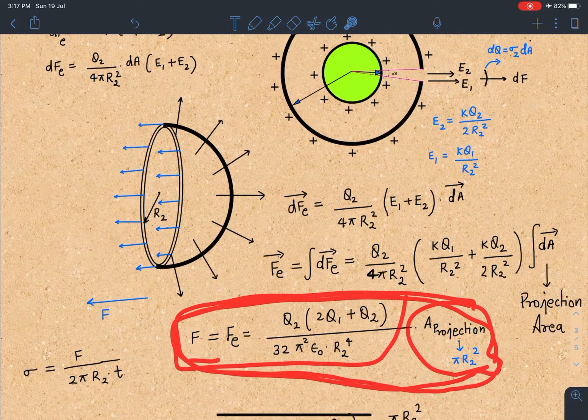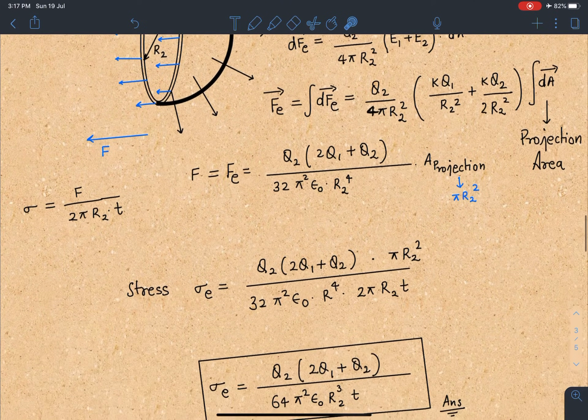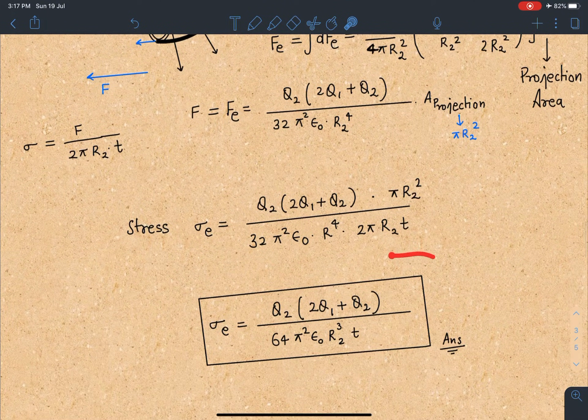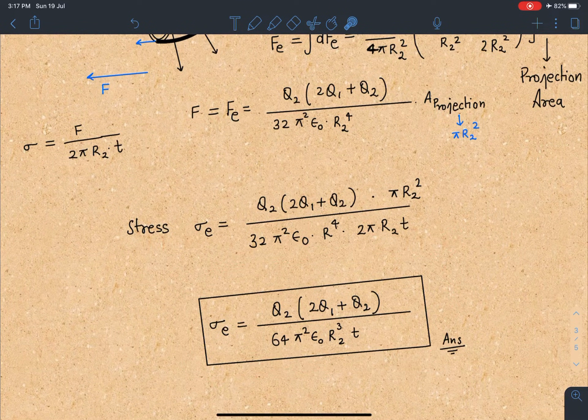The stress developed is going to be this force divided by the area of the cross section of the hemisphere, which is 2 pi r2 t. If I substitute these values, I am going to get this as the answer, which is a pretty clean answer, and the method also is a pretty easy, straightforward method. So this is the answer for it.